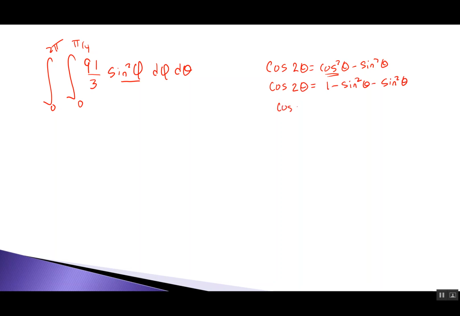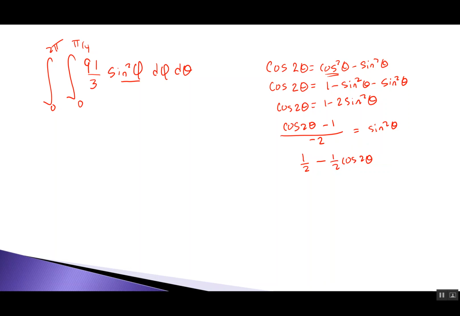Cosine of 2 theta is 1 minus 2 sine squared theta. So cosine 2 theta minus 1 over negative 2 is sine squared theta. And that's the same as 1/2 minus 1/2 cosine 2 theta.